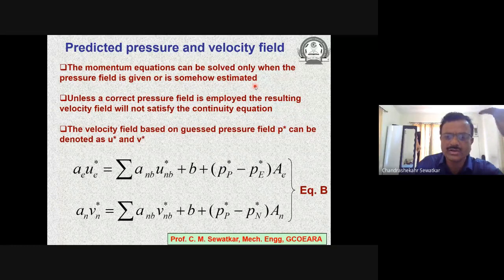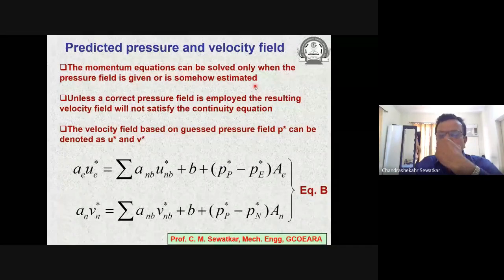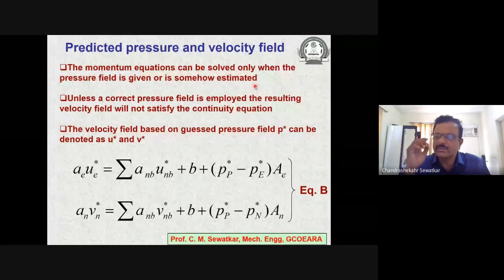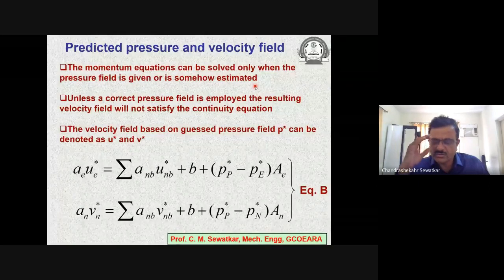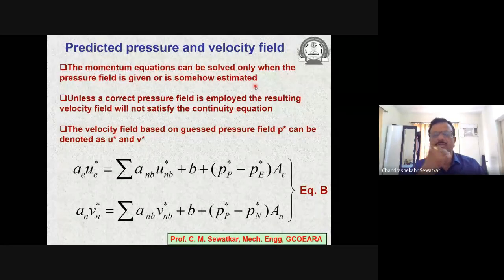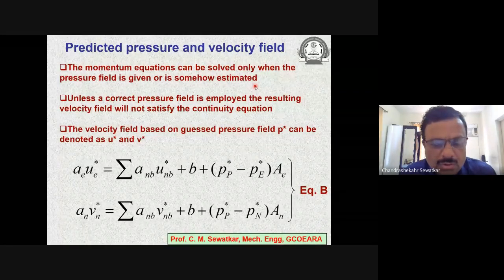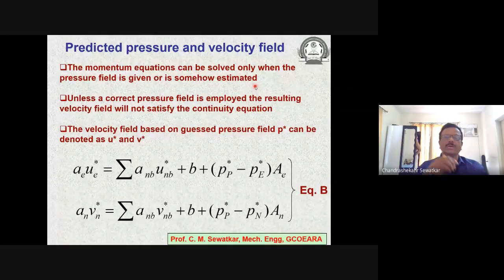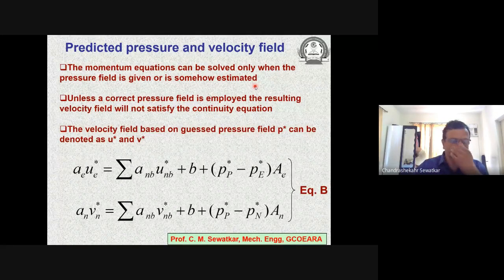The pressure field is essentially used as a starting point for obtaining the numerical solution for the velocity. This particular pressure field we call the predicted pressure field. We predict something, we guess something.